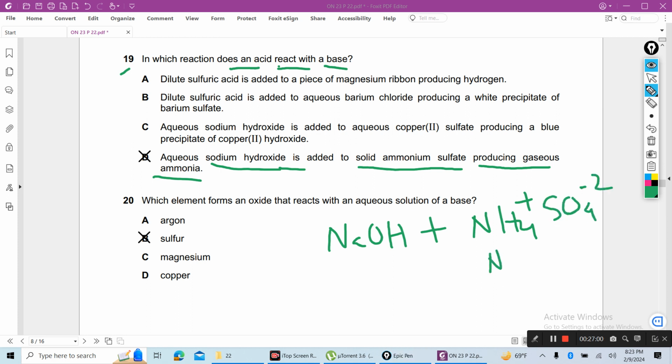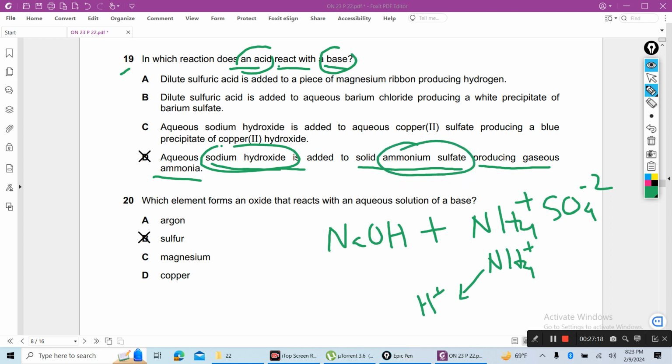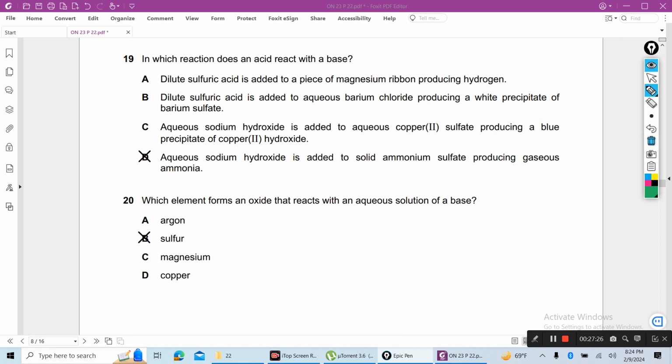Here NH4+ works as an acid because it can easily lose a hydrogen ion. So an acid reacts with a base. Sodium hydroxide is a base, ammonium sulfate is an acid, to produce salt plus ammonia plus water. Answer D is the correct answer.